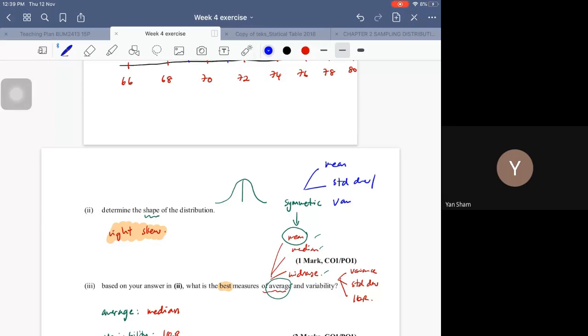But when you have skew data, you use the median for average and the interquartile range for variability. That will be the idea.